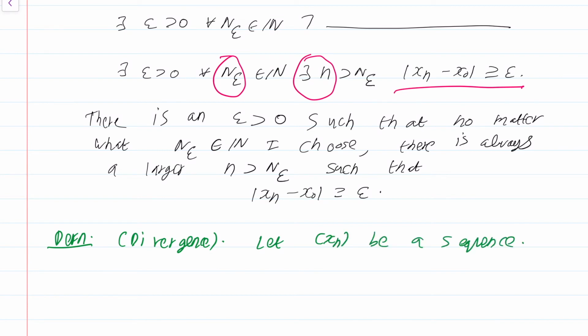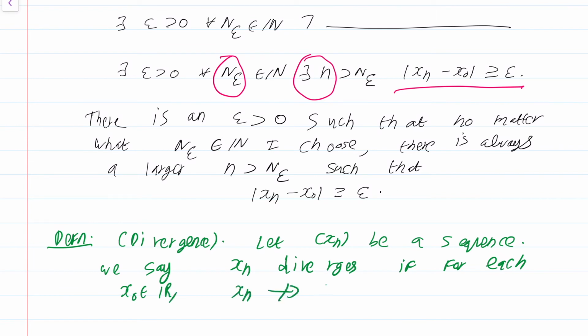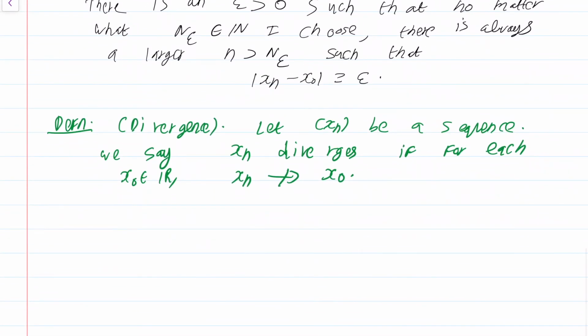We say xn diverges if for each x naught in R, xn does not converge to x naught. No matter what choice of x naught I choose, it is not the case that xn converges to x naught. And I immediately give you an exercise.